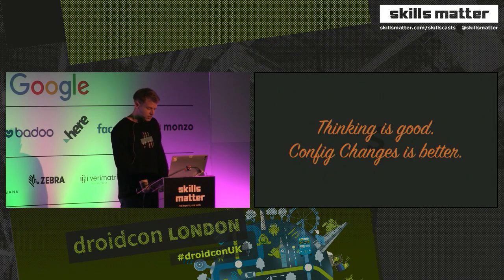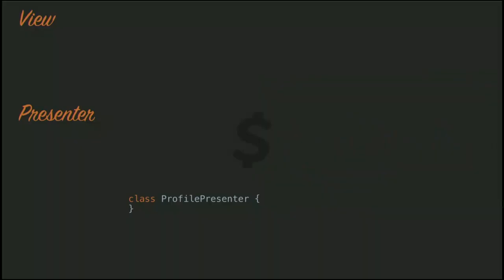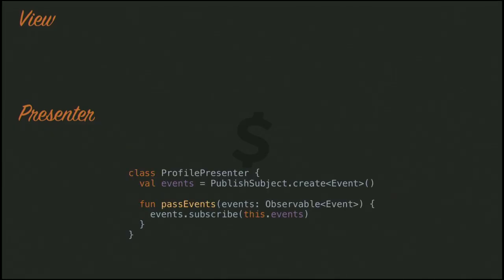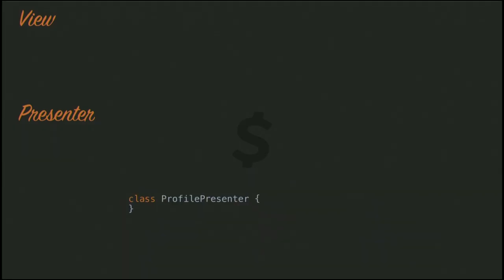So thinking is good, but config changes are a thing. Let's say the presenter needs to live longer than the actual view. We could use the Android view model APIs or anything else, but there were a few tricks with this. Right now, the stream starts from the view. So when you, let's say, rotate, the view gets destroyed, and the stream source actually gets destroyed as well.